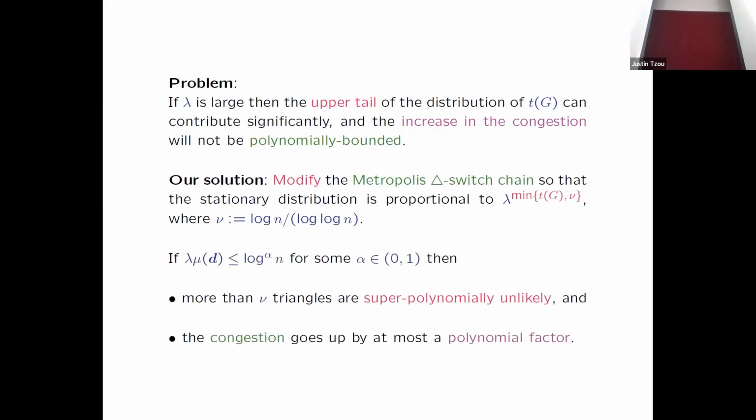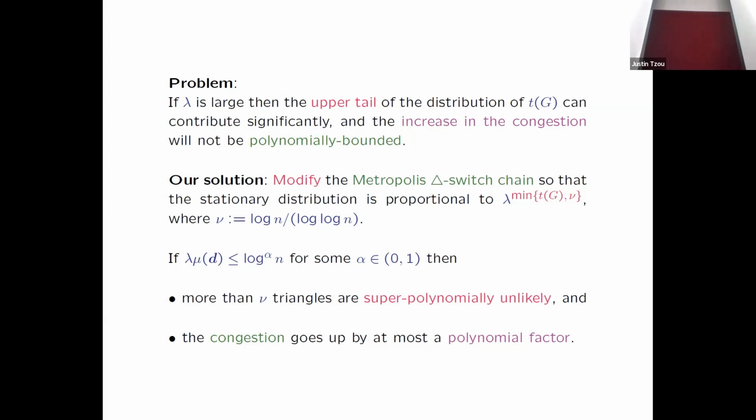So we've adjusted the stationary distribution, but you put it through the Metropolis scheme in exactly the same way. And the result was, if our condition holds, then ever seeing more than nu triangles has a smaller probability than any polynomial, which means if you run the two Markov chains for a polynomial number of steps, you're very unlikely to see any difference in their behavior. So we think it's okay, this modification.